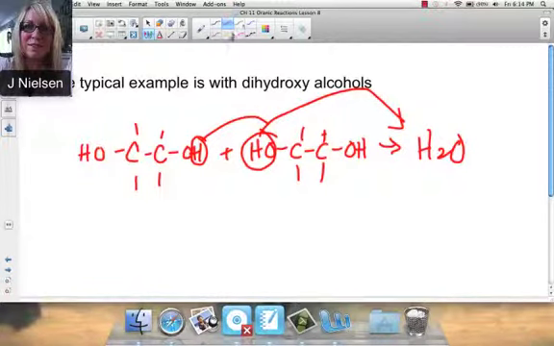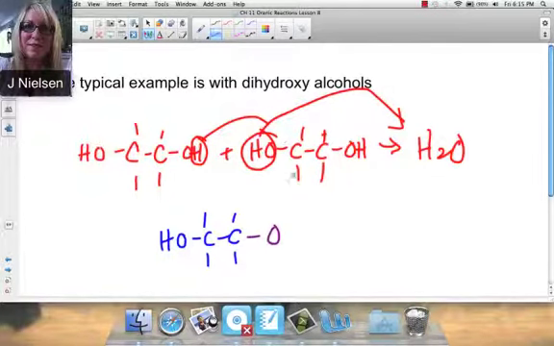And then what's left here simply hooks up with what's left here. And you get a whole bunch of these linked together.